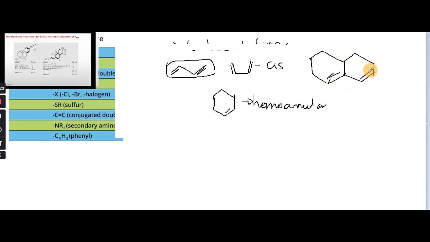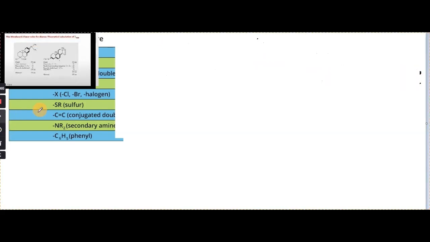This is a conjugated system, that is, it has alternating single and double bonds. So we have the two double bonds in different rings. It's called a heteroannular diene.